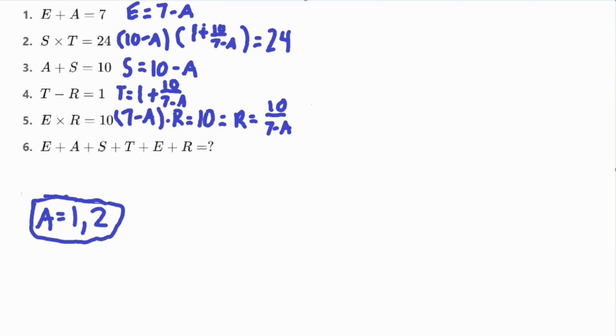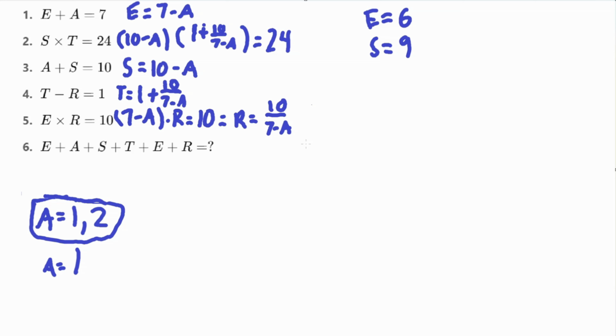So let's go ahead and check with a is equal to 1 first, okay? So what would that mean? If a is equal to 1, that means that e is equal to 6, since e is equal to 7 minus a. And s is equal to 9, excuse me, because s is equal to 10 minus a, so 10 minus 1.